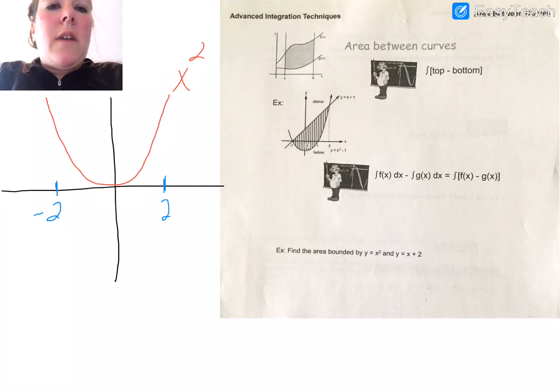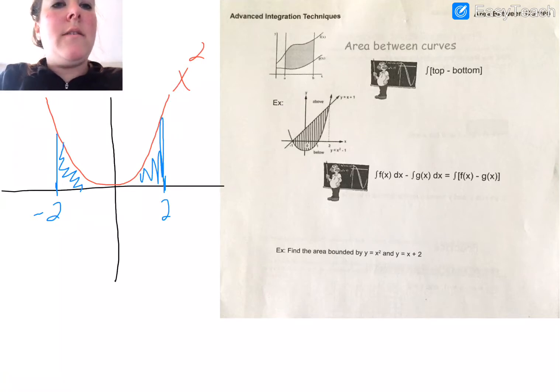So I want to know what is the area under the curve. So that would give me all of this blue shaded area.